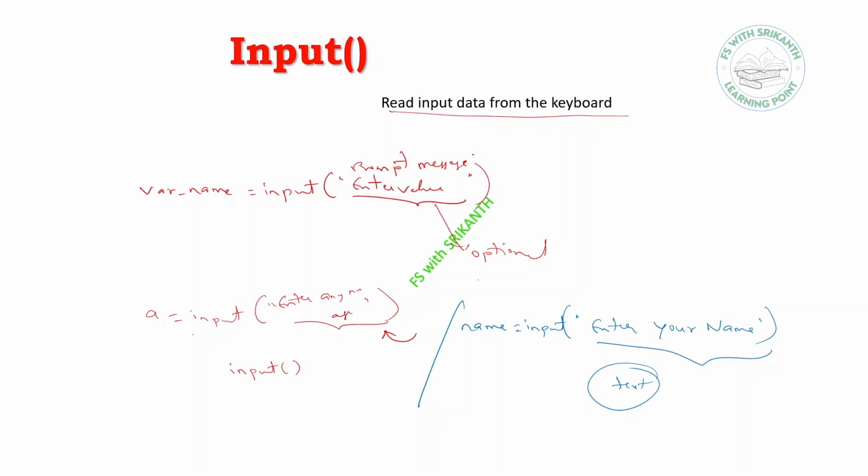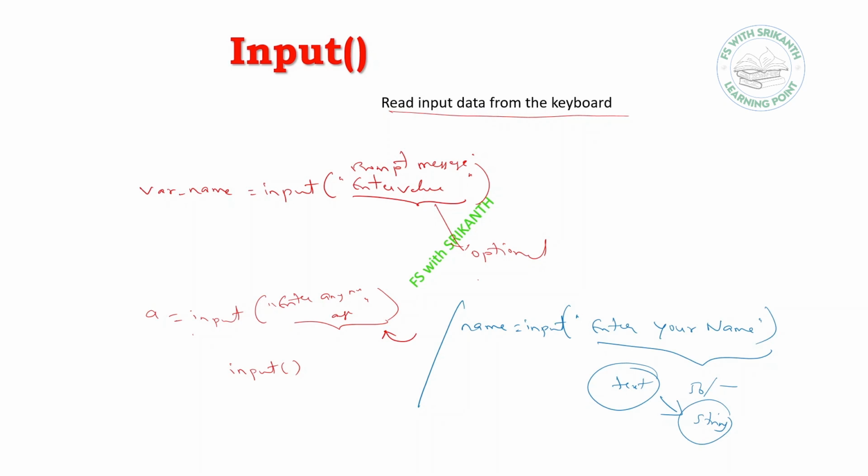Input can be any string of characters. Whatever the user enters, input always returns a string. He may enter 56, a number, or a string, whatever. It is represented as a string only. So by default it will be a string.